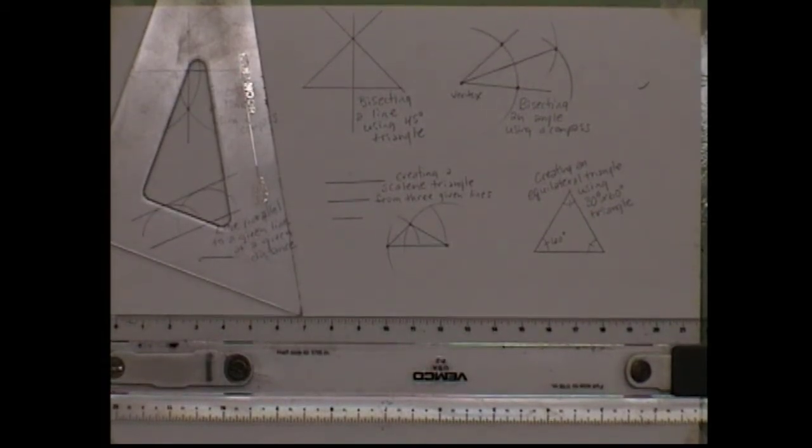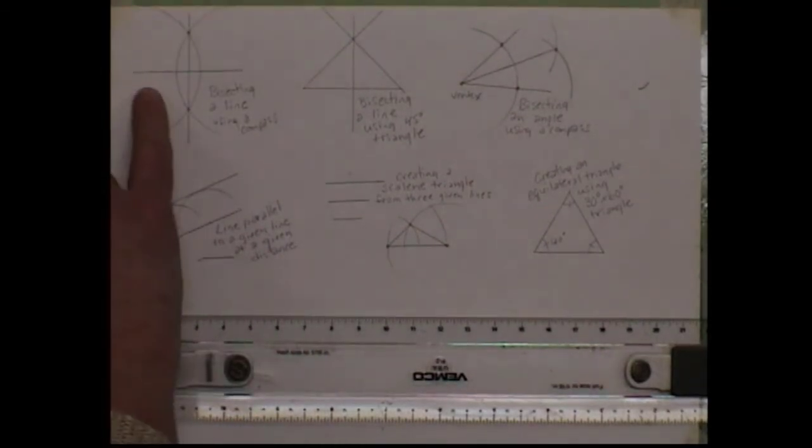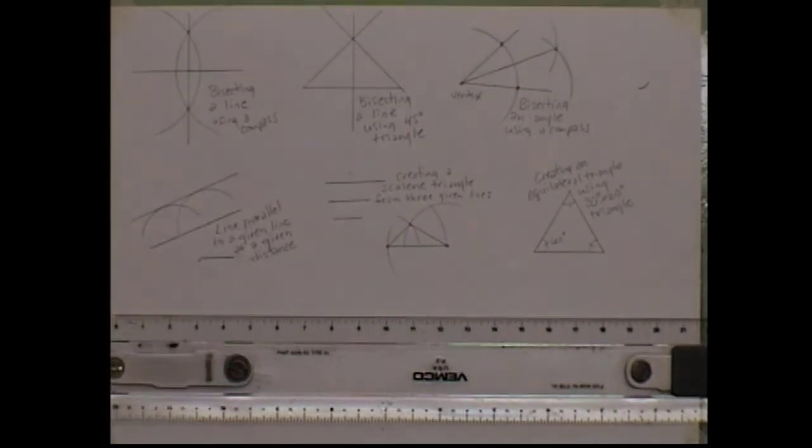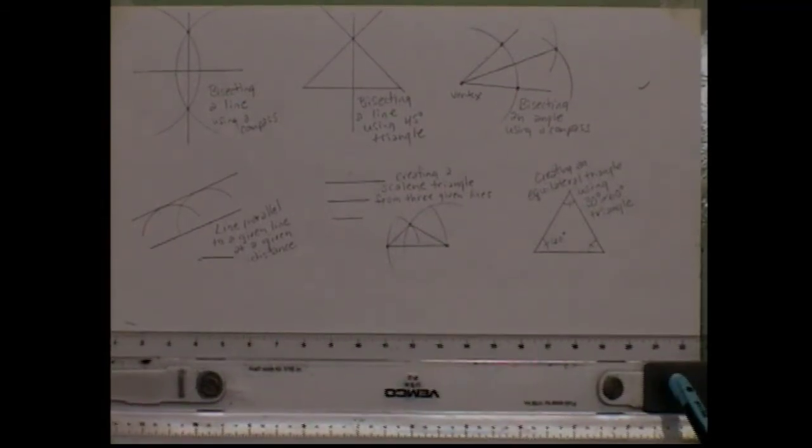And we could do the same thing with a compass, right? How would we do that with a compass? We learned how to bisect a line, but how would we get something that's equal to the bottom line? What would we have to do in that case? Let's try it.